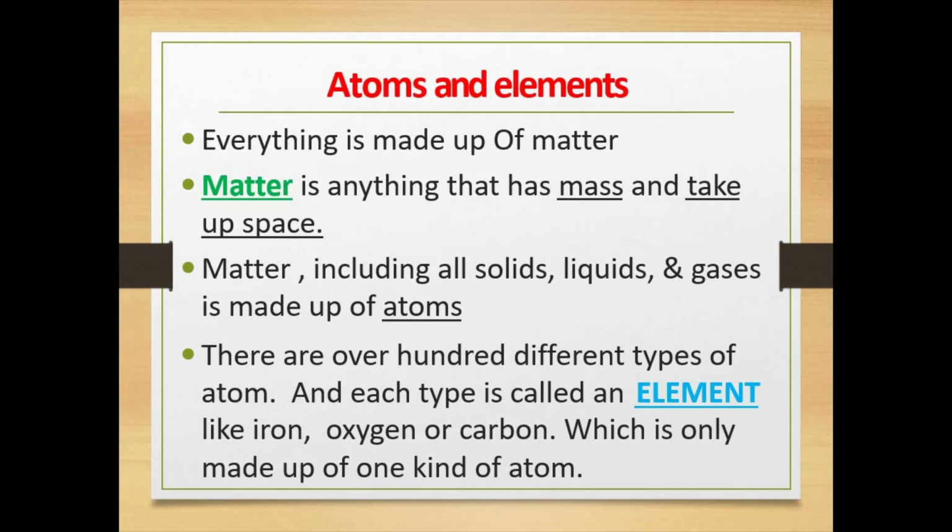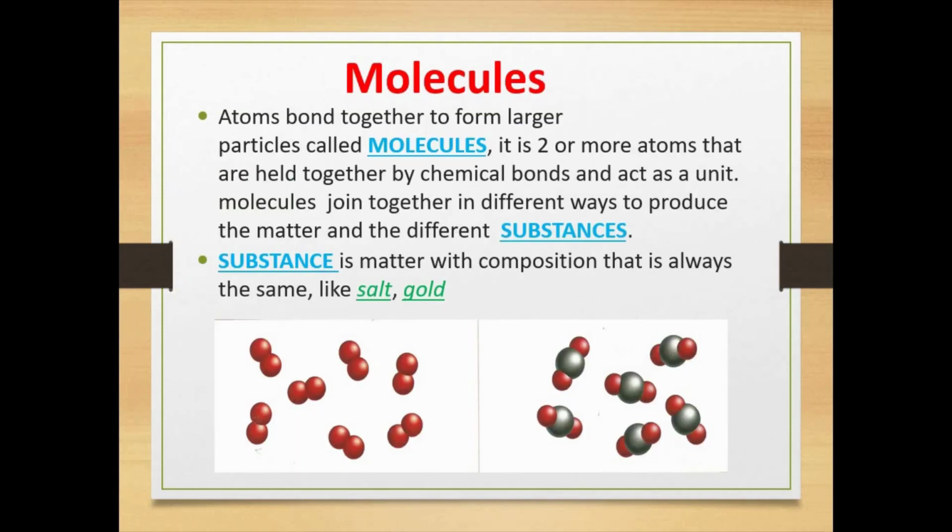So if I'm seeing only one kind of atom, I'm saying that this is an element. But if I have two or more different types of atoms, this is something different. We're going to take it later.